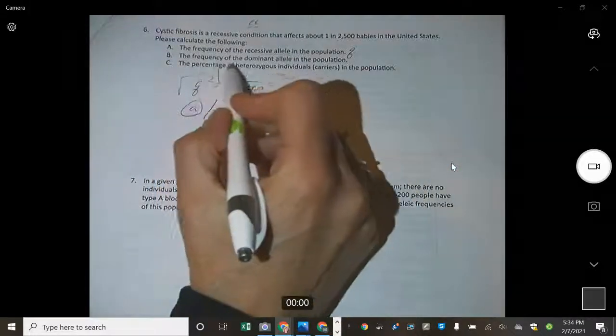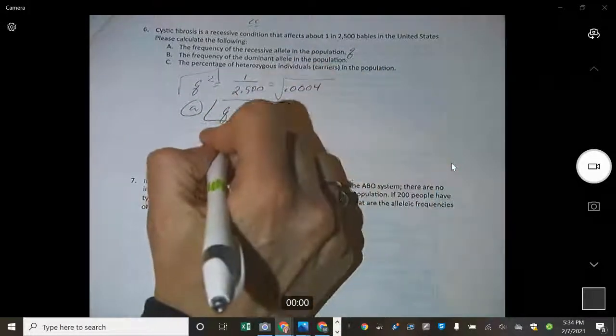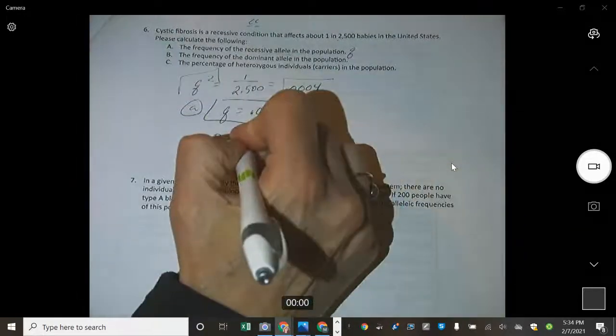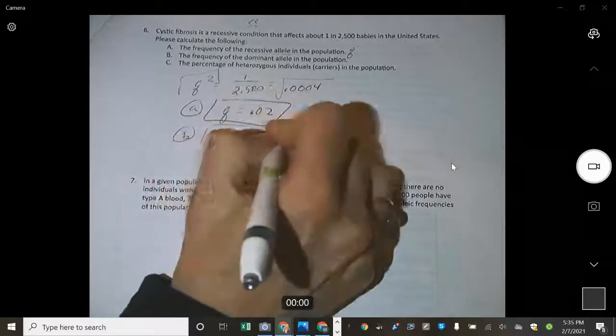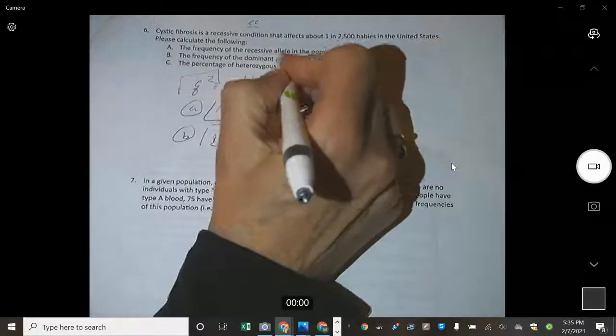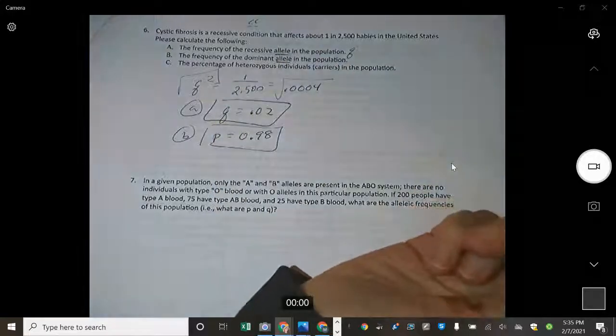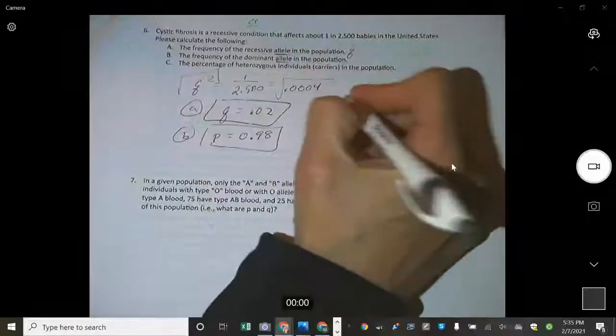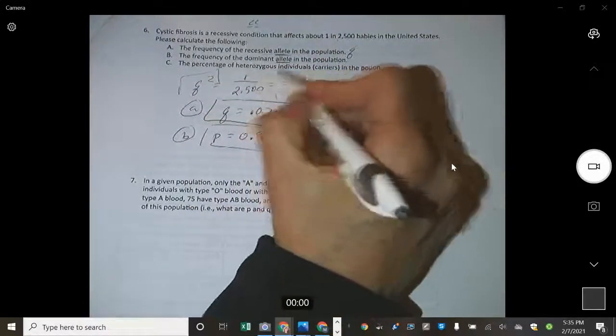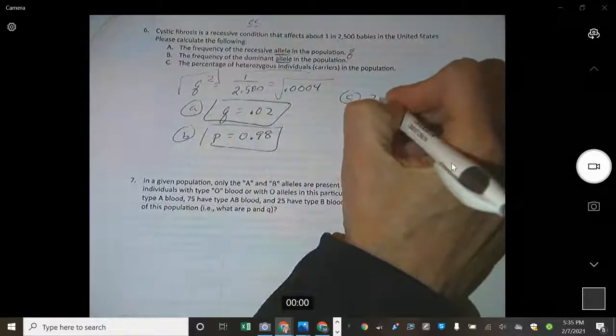And then it says B, the frequency of the dominant allele, so that's P. So that's going to be 1 minus that, right? So it's going to be 0.98. That's question B. And notice we're just looking at alleles, so that's just P's and Q's, not P squareds or Q squareds. C asks for the percentage of heterozygous individuals. That's going to be 2PQ.